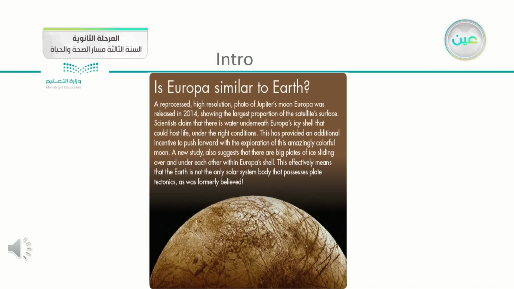This has provided an additional incentive to push forward with the exploration of this amazingly colorful moon. A new study also suggests that there are big plates of ice sliding over and under each other within Europa's shell. This effectively means that the Earth is not the only solar system body that possesses plate tectonics, as was formerly believed.